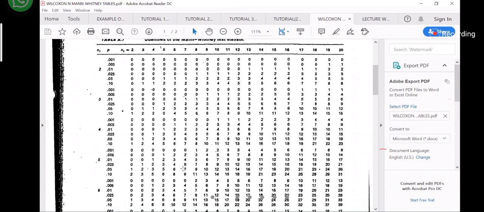Let's say the U statistic that you get is 8.5. So what is the p-value?